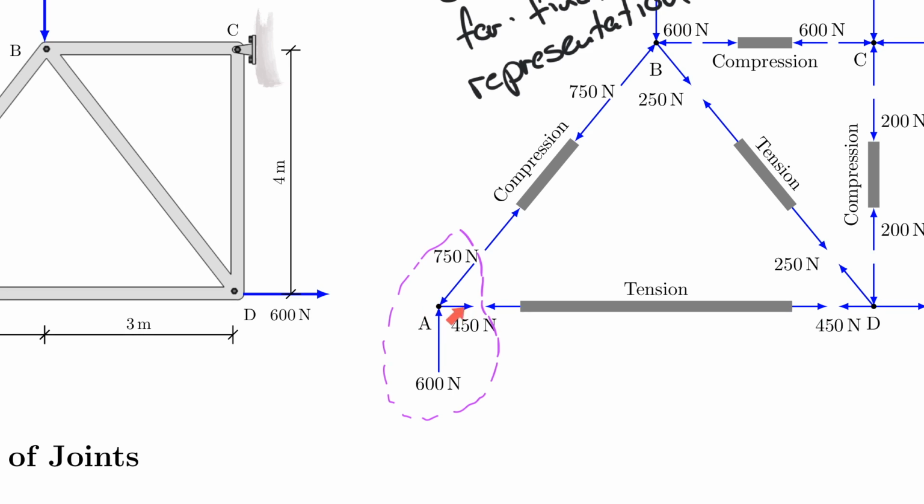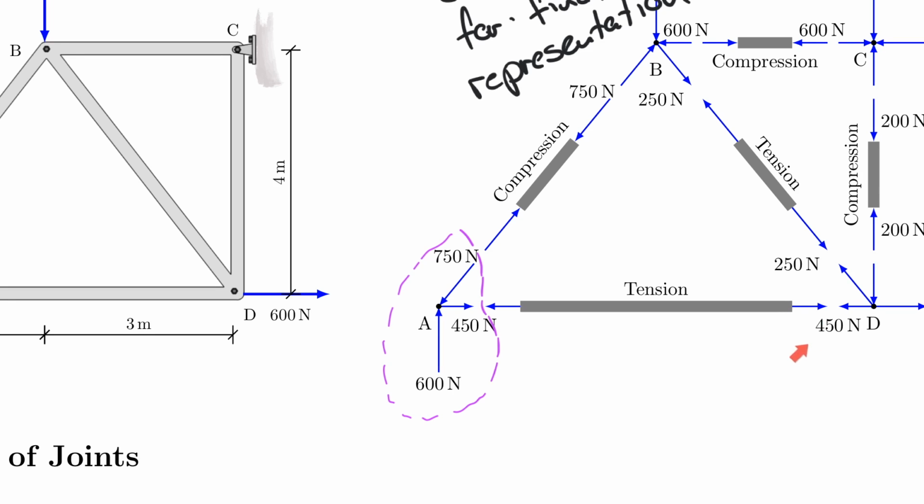But the 450 here is pulling away from the node, and so this is a tensile force. The 750 is pushing on node A, and therefore it's a compressive force. And if you pay close attention to what happens on the other side of this cut, you see that the tension is already given here and the compression is given here.